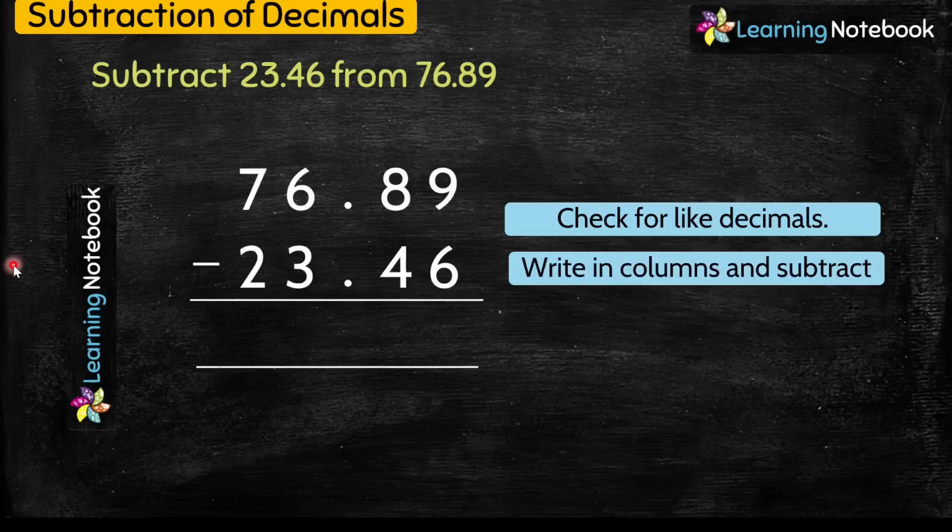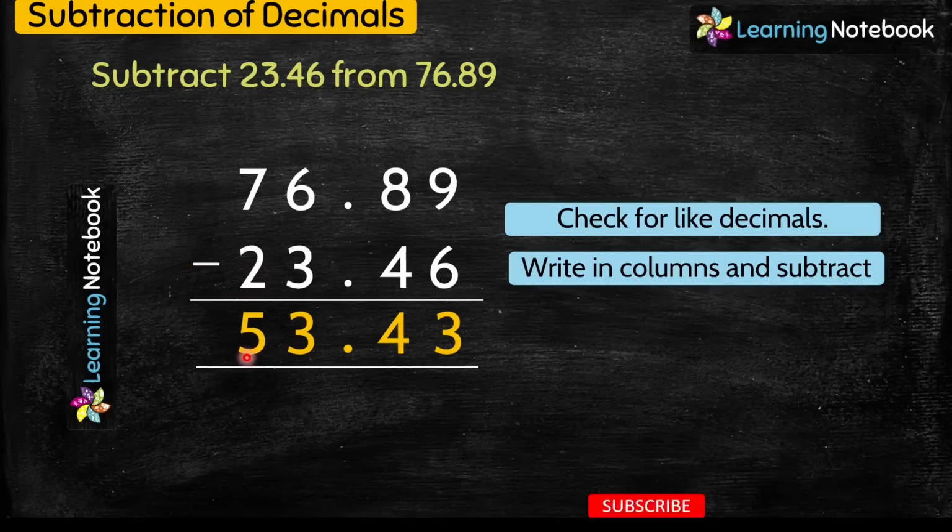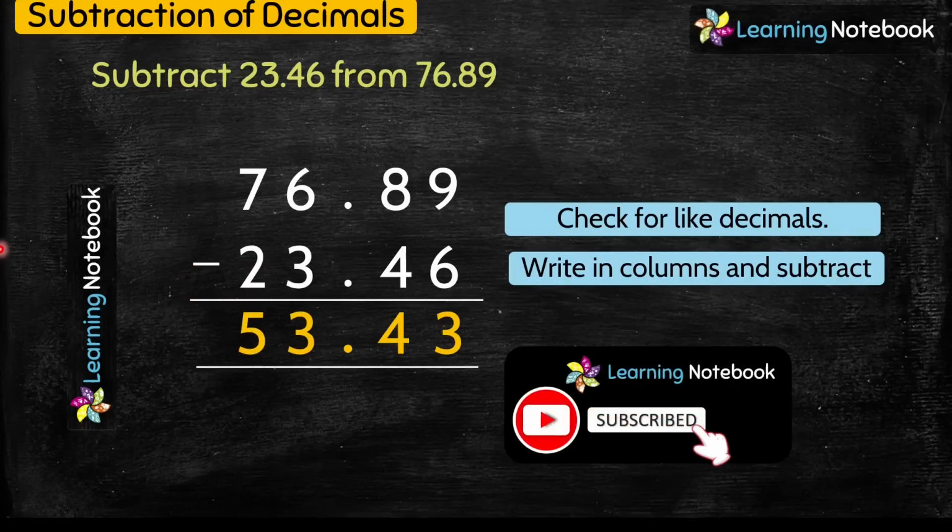Now we will subtract the decimal part first. 9 minus 6 equals to 3. 8 minus 4 equals to 4. Then put a decimal point in the answer and then we will subtract the whole number part. So 6 minus 3 equals to 3 and 7 minus 2 equals to 5. So answer is 53.43.